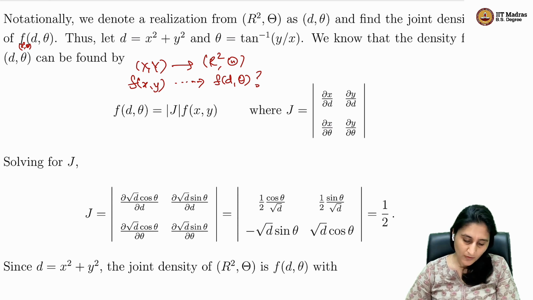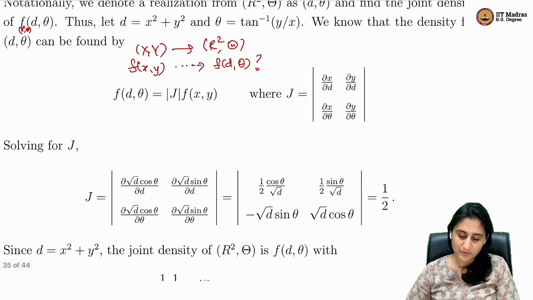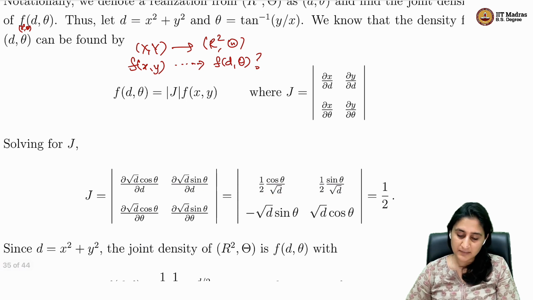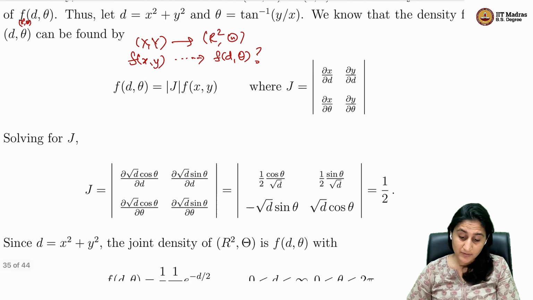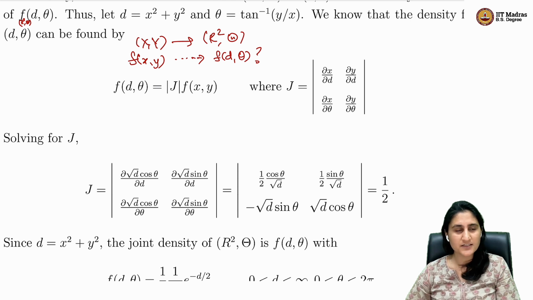Now, when I take the partial derivative with respect to d here, cos theta is a constant term, so it comes outside. I get 1 by 2 because of the square root over here, and then I get a square root d term in the denominator. Similarly, sine theta is a constant here, and I get 1 by 2 square root d. Now when I take the partial derivative with respect to theta, square root d is just a constant, and the partial derivative of cos theta with respect to theta is minus sine theta, and then this is square root d cos theta.